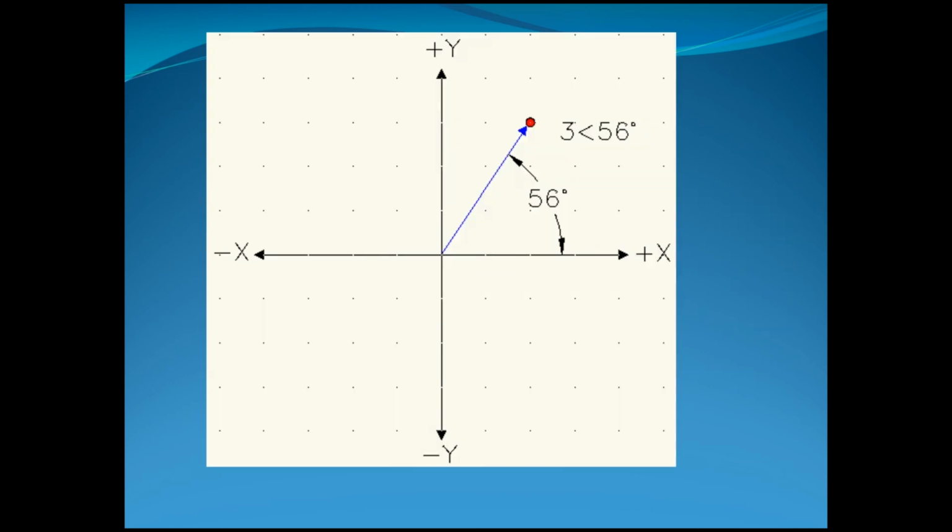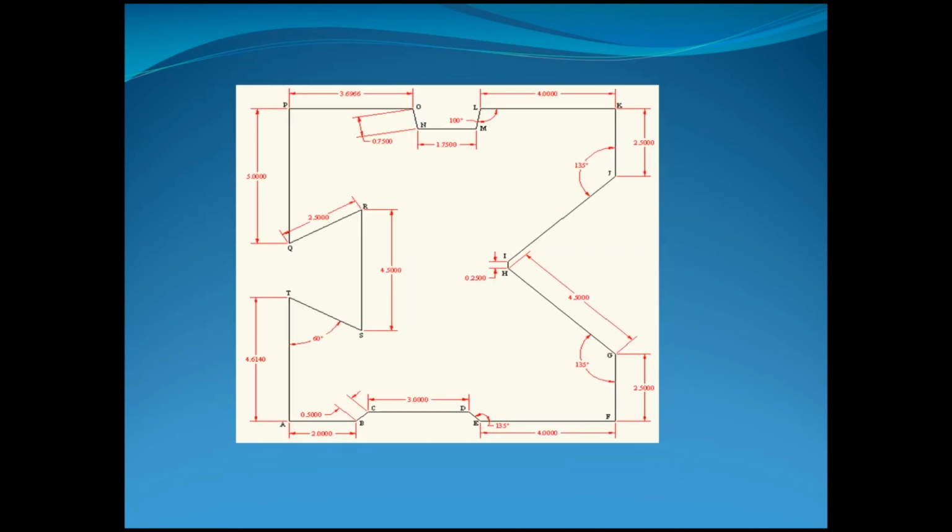For example, we are going to create a line inclined, using origin as 0, 0 and this one as 3 at an angle of 56 degrees. So this is the easy formula to view the polar method system.